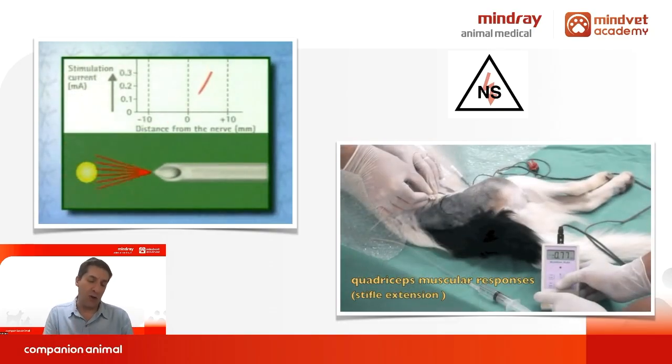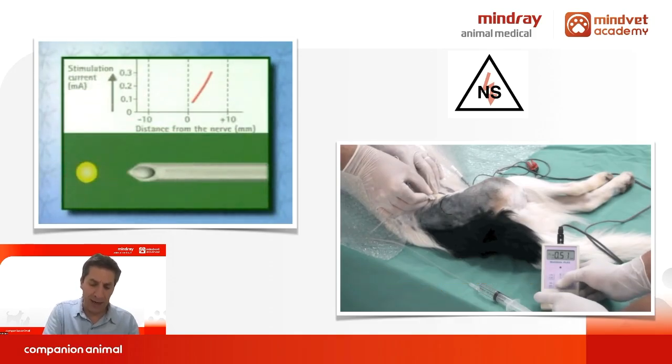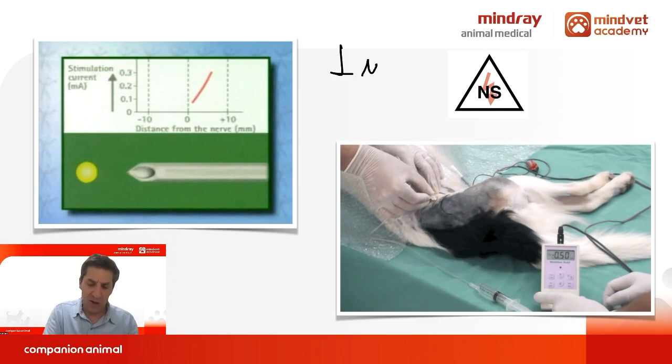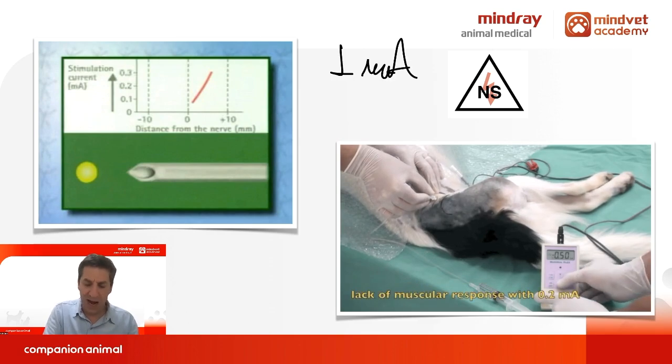So we know that if we have myoclonus with 1 milliampere, we are around half a centimeter from the nerve.